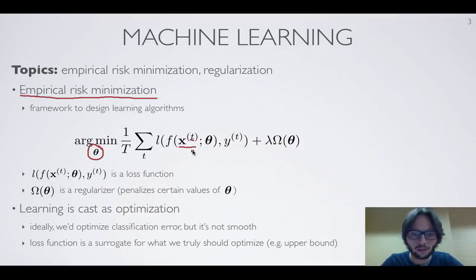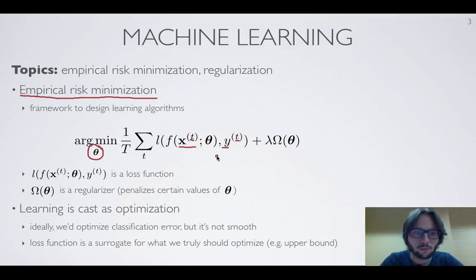So x_t here is a vector, the t-th input vector in my training set, and then y_t is the associated t-th label or target that I have to predict based on x. Again, x_t could be the image of a character, and y_t could be the category associated with that character.